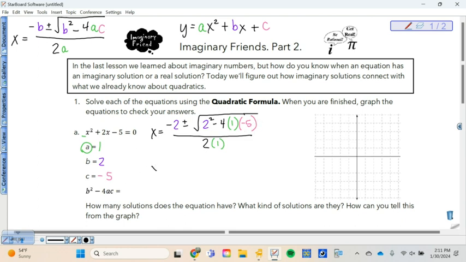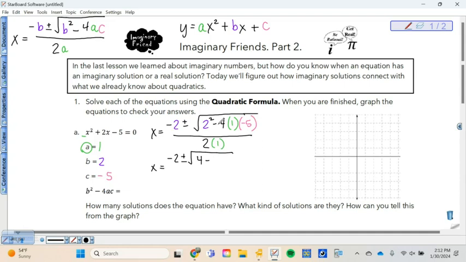So I'm going to just kind of copy this down. I have negative 2 plus or minus square root. What's 2 squared? 4 minus 4 times 1 times negative 5. Negative 20, right?